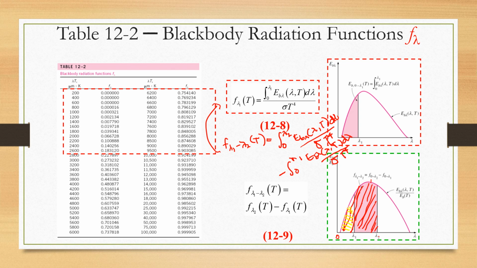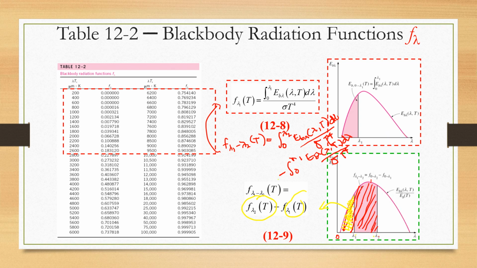So we will calculate the area under the curve here. When we minus f lambda 2 with f lambda 1, the area which intercepts for both of these functions will be removed. So this interception will be removed, and you will be left with the area under the curve for lambda 1 to lambda 2.